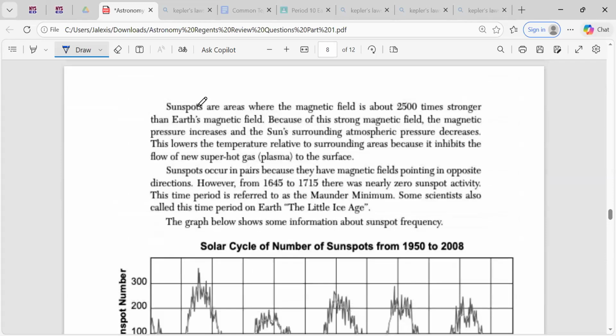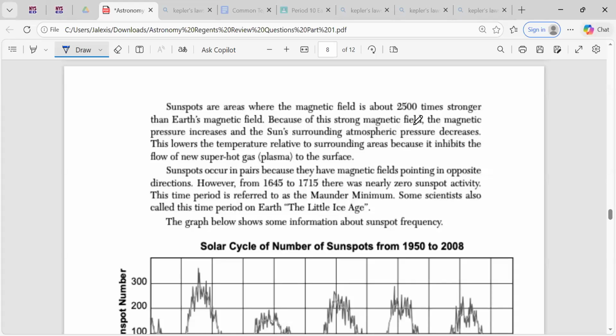Okay, so when I scan, it says sunspots are areas where the magnetic field is about 2,500 times stronger than Earth's magnetic field. You can pause the video and read this yourself before I go through it, because I'm just scanning for something regarding sunspots or temperature.